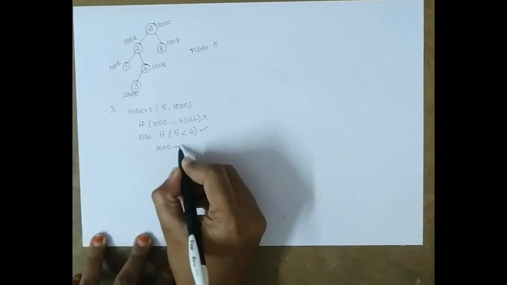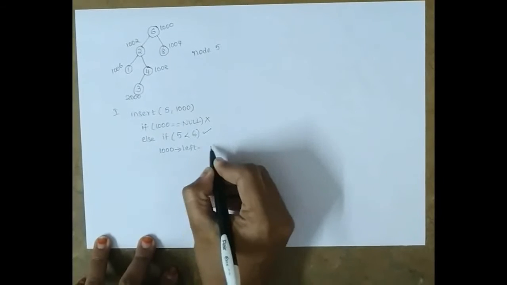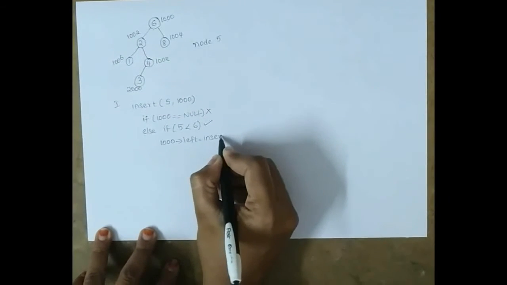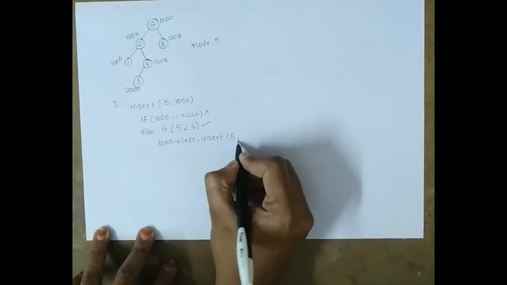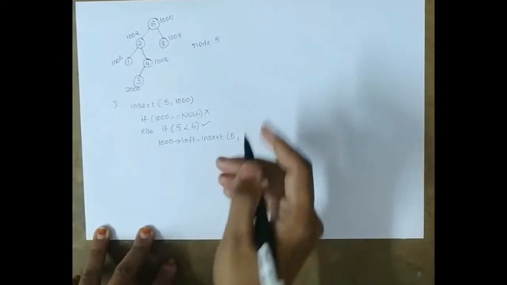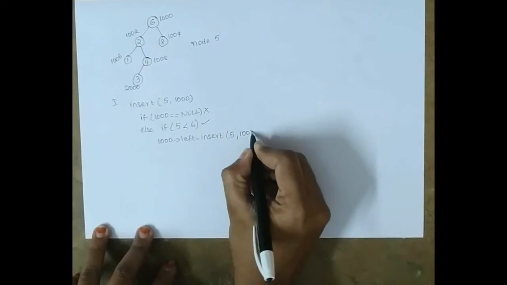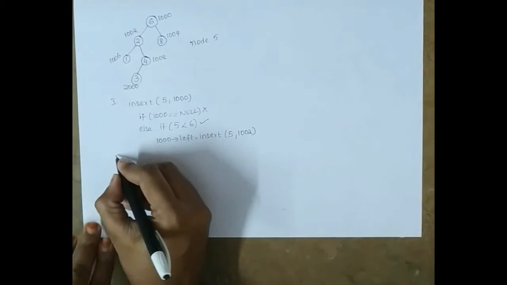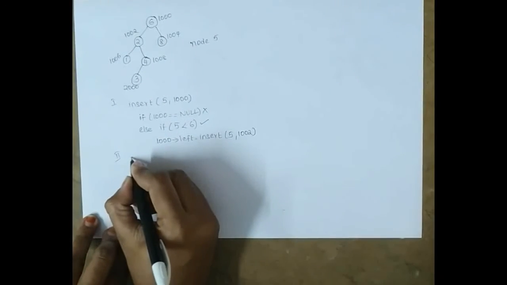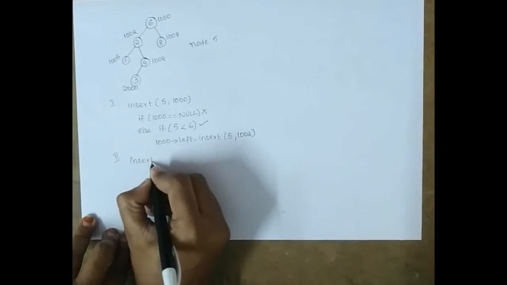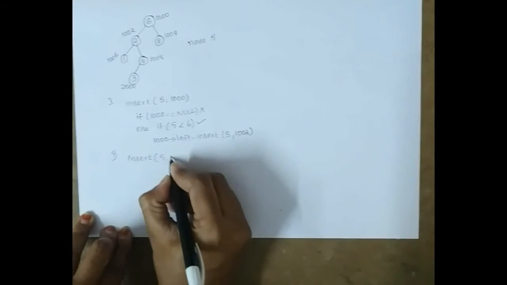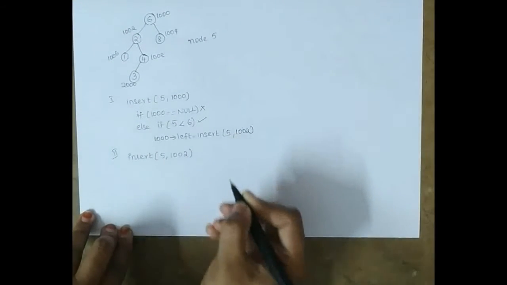So we have to write root of left, that is 1000 of left equals insert 5 comma 1000 of left, where 1000 of left is nothing but 1000 of 2. So here the insert function is invoked, insert 5 comma 1000 of 2.